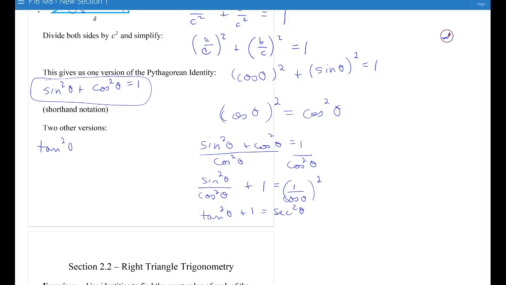So here's another version. Tangent squared of theta plus 1 equals secant squared of theta. And notice that after every trigonometric function always comes an angle name. It must be there. So make sure you get in the habit of every time you write a trigonometric function that you write the name of an angle afterwards.